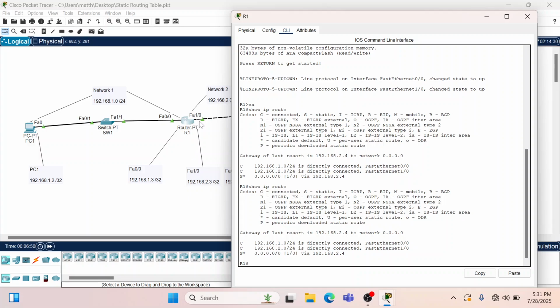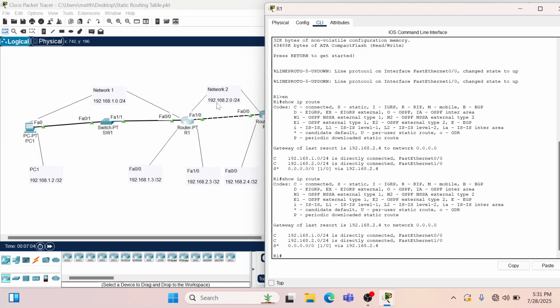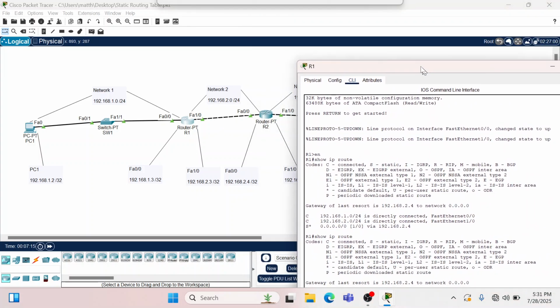And then on our other interface on router 1, 192.168.2.0 is directly connected to FastEthernet 1/0. Here's FastEthernet 1/0, and it's directly connected to network 2. What router 1 does not know is how to get out of network 2.